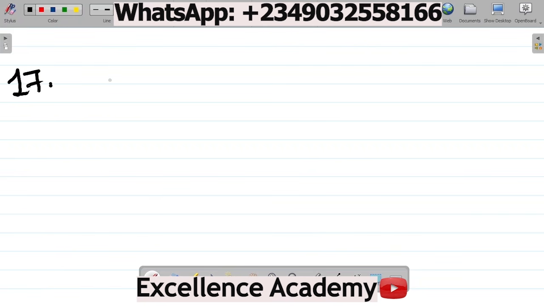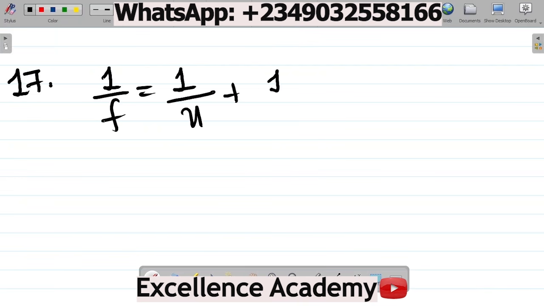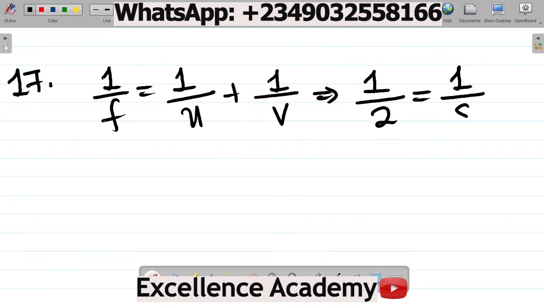From the mirror formula, we have that 1 over f is equal to 1 over u plus 1 over v. Let's input the values. You're given the focal length as 2. So I have 1 over 2 is equal to, you're given u, the object distance, as 8 cm, so 1 over 8, plus 1 over v, which is the image distance we don't have and have to look for.